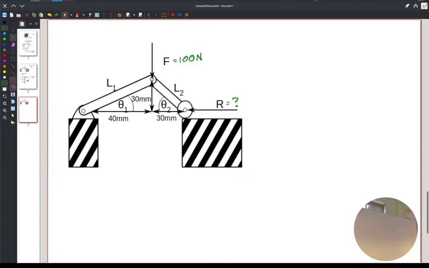It seems like you're trying to break up that 100 Newton into different components. But these two components are perpendicular to each other, so they don't add up.